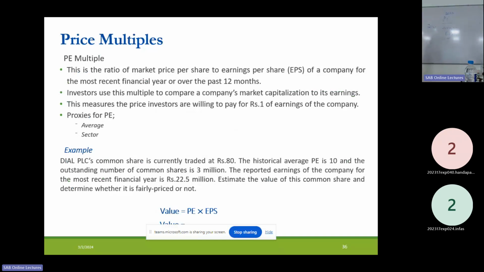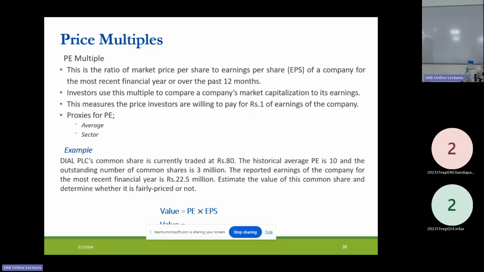Price multiples, the price to earning multiple. This is the ratio of market price per share to earning per share. So market price per share divided by earning per share.